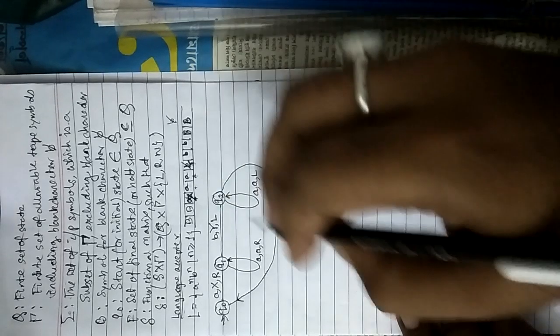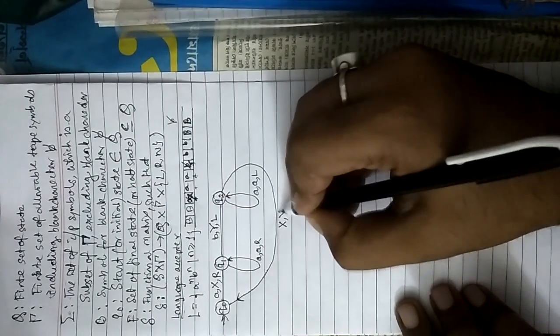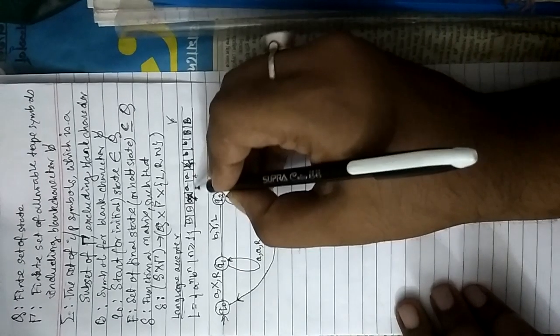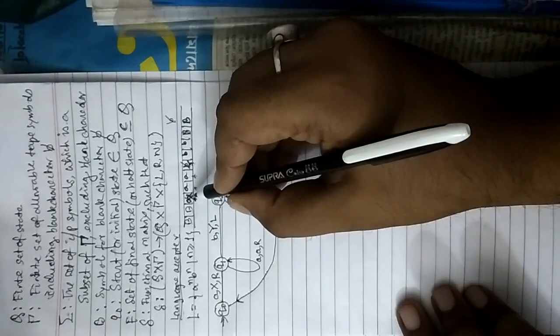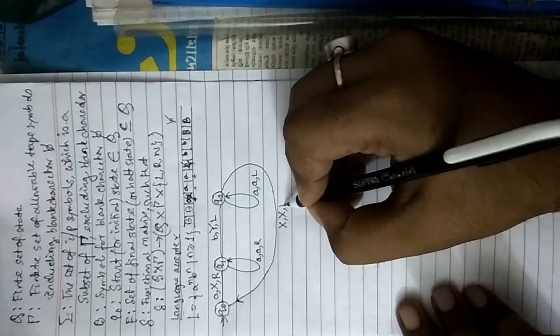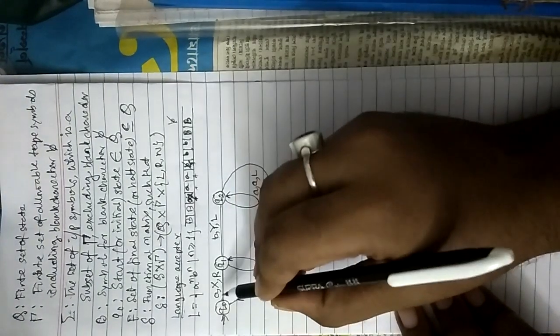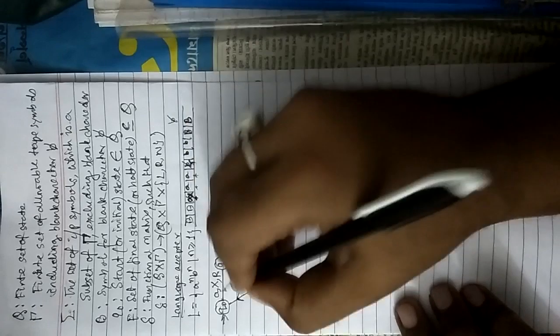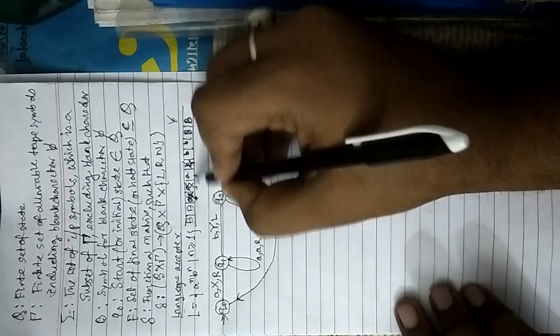When I reach this one, I am reading X currently, and I replace X with X, and my pointer starts a new journey with a, moving to the right. The same thing will happen: it will replace this a by X and move towards right.